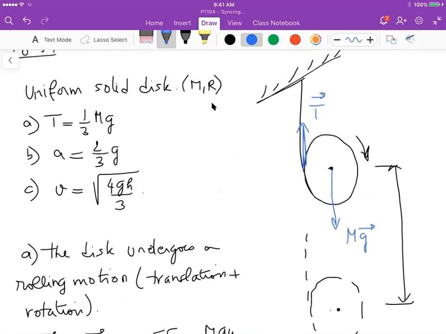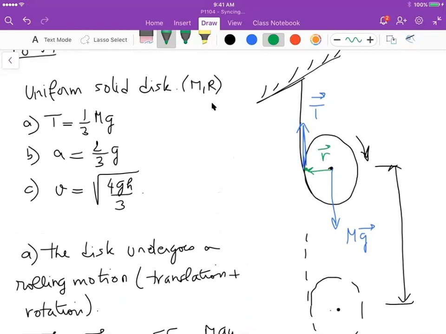So to draw the torque for the tension, we have first to specify the position of the point of application of this force. So the point of application of this force is obviously here on the rim of the disk, and so the vector r would be in this case like that. So here is the vector r. It's nothing else than the radius of the disk.